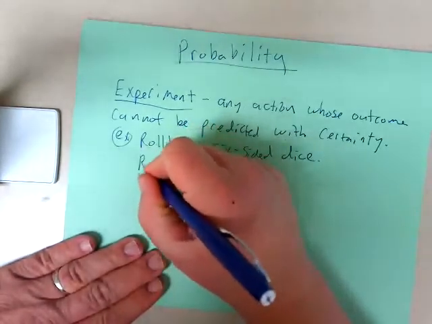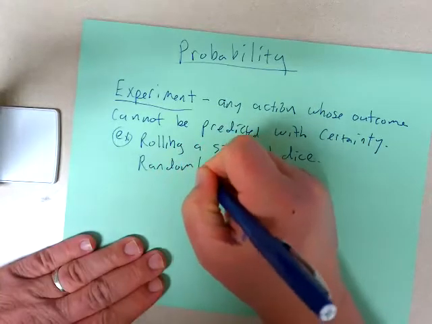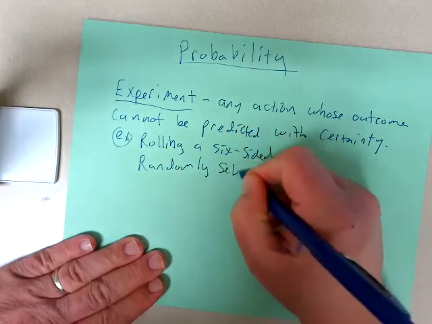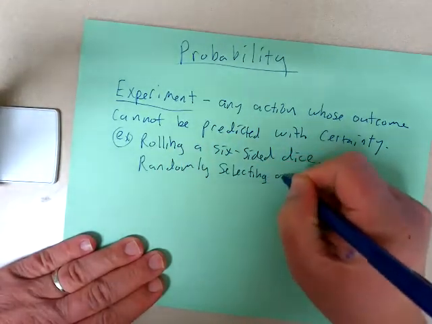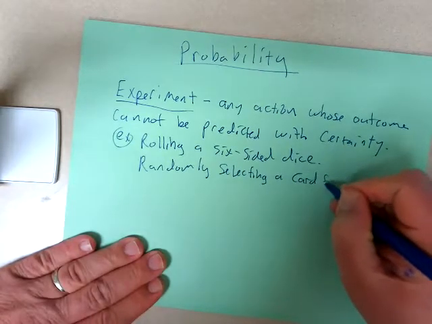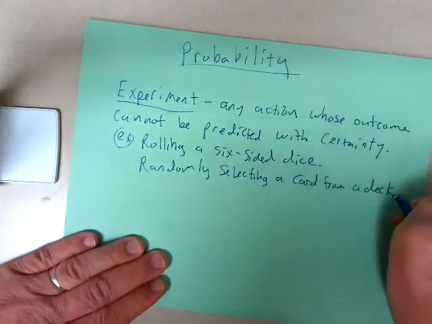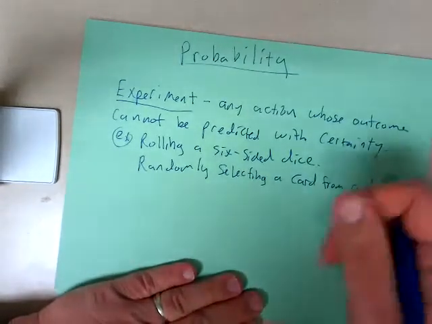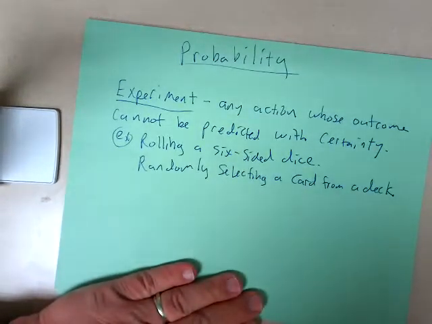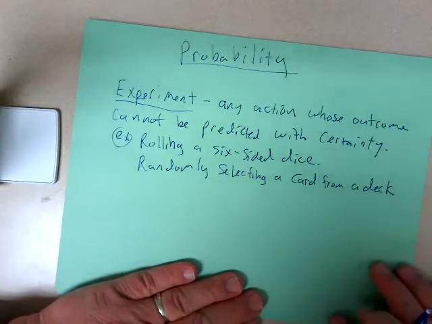Another one might be randomly selecting a card from a deck of 52 cards. Okay, again, if you randomly select a card, you can't predict with any certainty what card you're going to select.